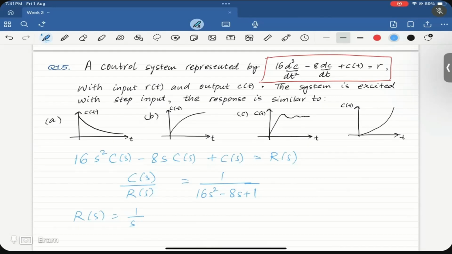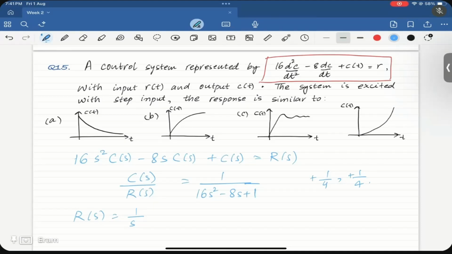So where are the poles of the transfer function? Plus 1 by 4, plus 1 by 4. So the poles of the transfer function are lying on the right hand side, both the poles are on the right hand side.